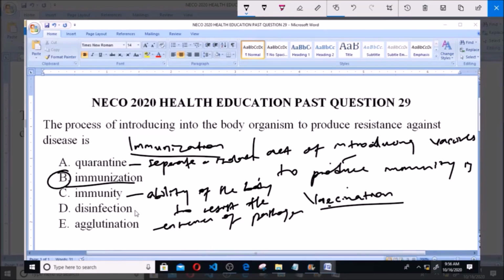Disinfection simply means to purify. Agglutination simply means clumping of blood cells. But the answer to this question is option B, immunization, like I have explained.